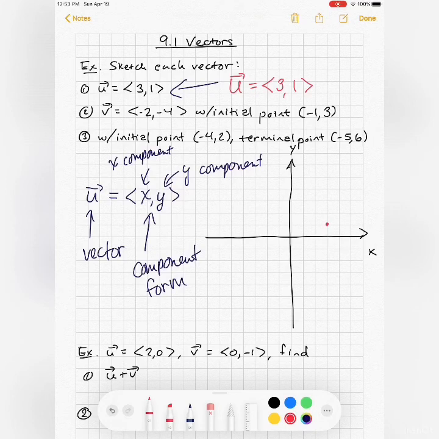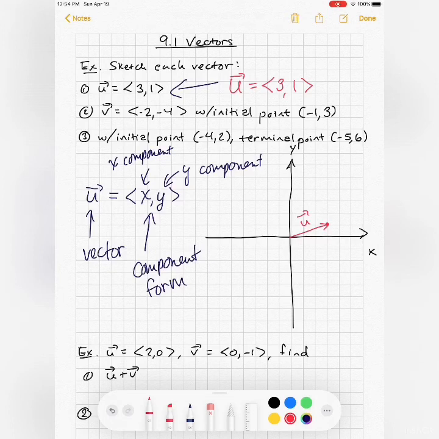Now to indicate that this is a vector, I use an arrow pointing in the direction of the vector. In other words, I went right by 3 and up by 1. So that's where I place the arrow pointing in that direction. Okay, so this is one representation of the vector u.